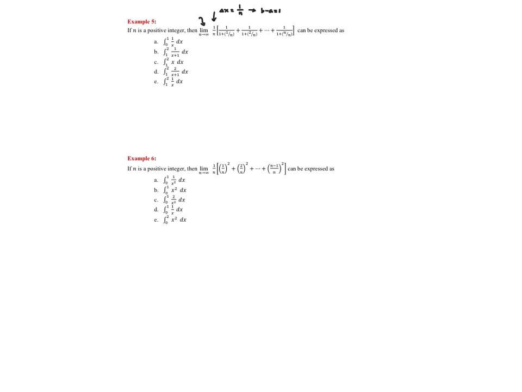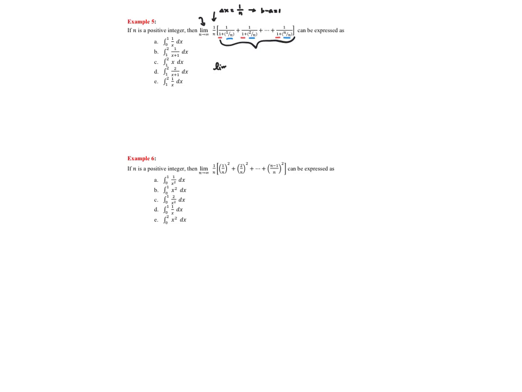Okay, so that's good to know. This summation right here, you can actually see, here's our a value, and here's our i delta x. We know delta x is 1 over n, so you can see you got 1 over n, 2 over n, all the way up to n over n.